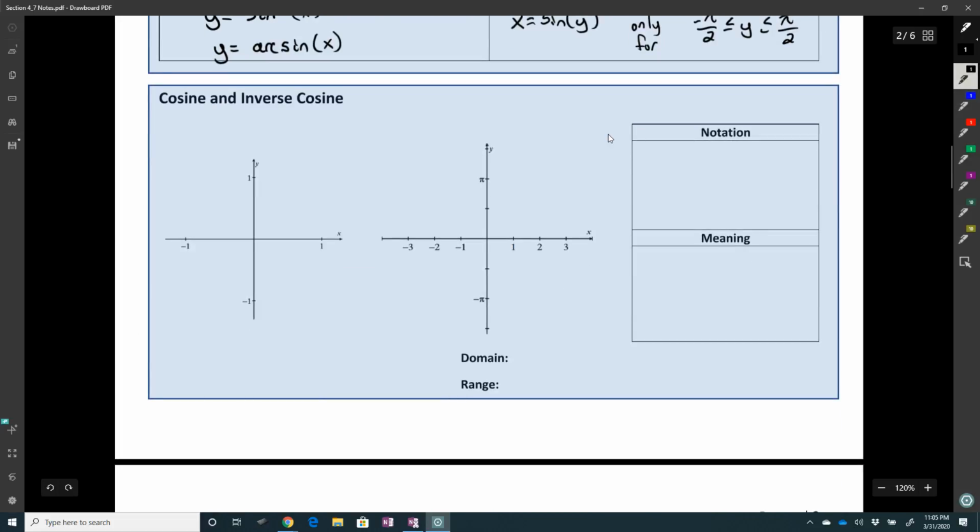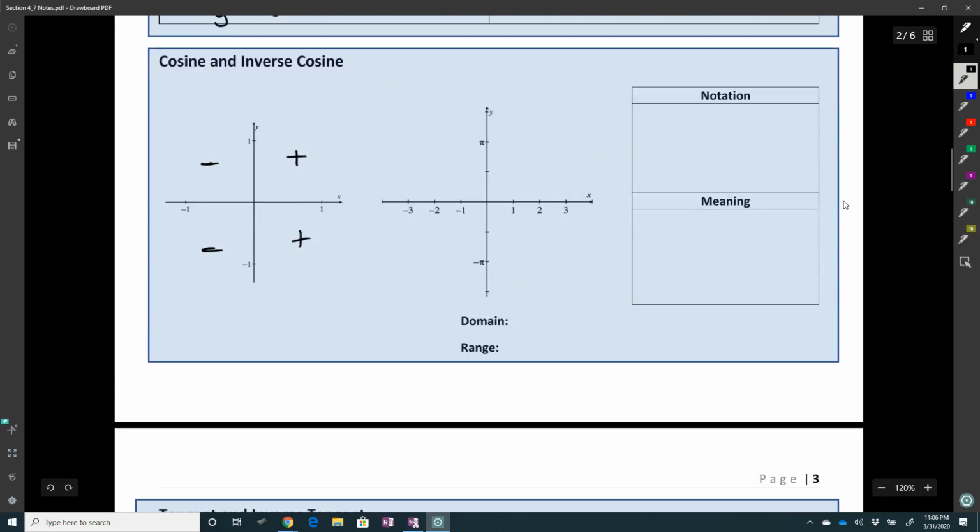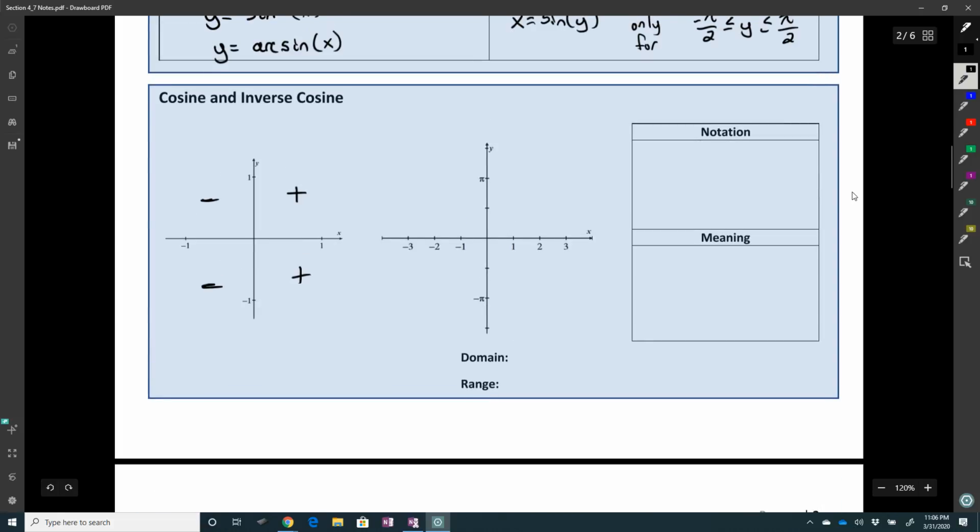Just know that cosine is related to x values. So if I want a positive and a negative region, I'm not going to do quadrants 1 and 4 like I did for sine. Here I want one positive, one negative region, so I'm going to be doing this part.